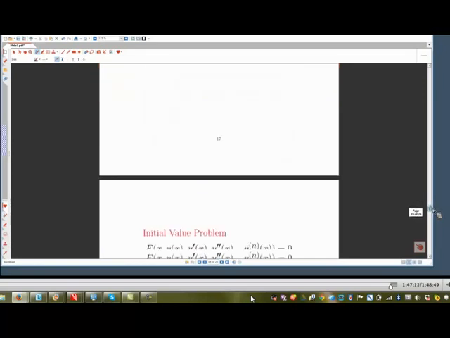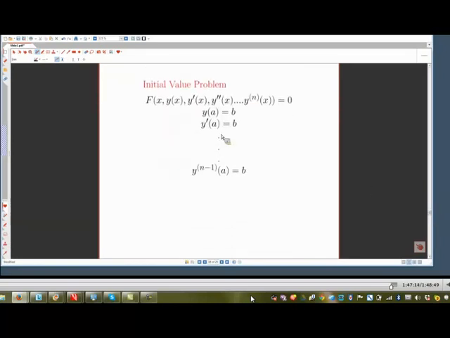I'm skipping this slide, and that gets me to this one, saying if I have a differential equation, I will need a number of initial conditions depending on the order. If the order of the differential equation is 3, we need 3 initial conditions. If it's 2, we need 2, and if it's 1, we need only 1. So depending on the order, we will need the initial conditions. And we will start from here on Wednesday, on Friday.